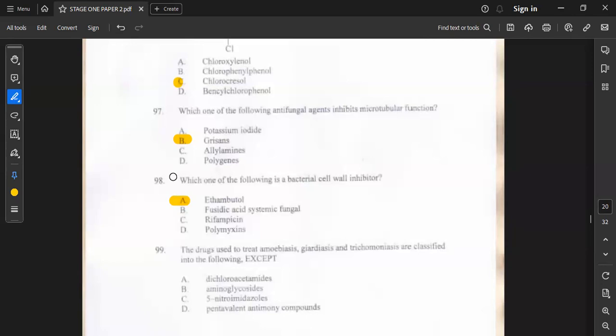And then pyrazinamide has several ADRs. It's hepatotoxic. It also leads to hyperuricemia, since pyrazinamide inhibits the excretion of urates, and it worsens things for people with gout.